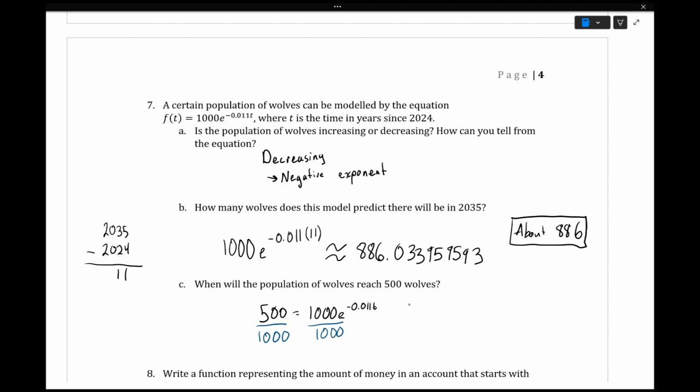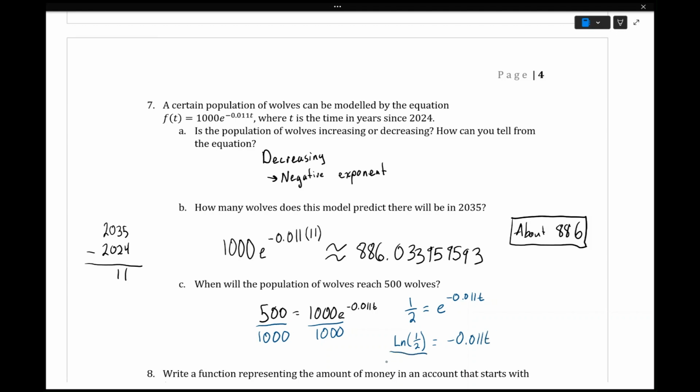So I get 1/2 equals e to the negative 0.011 t. I'm going to switch forms. So I get natural log of 1/2 equals negative 0.011 t.